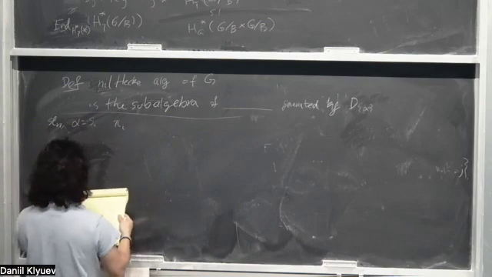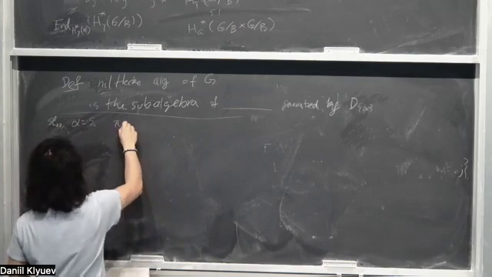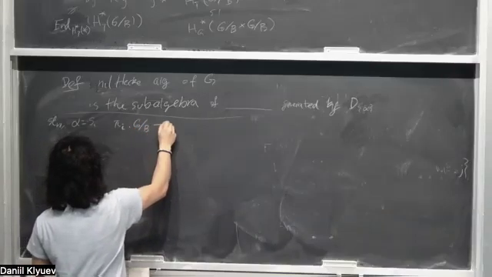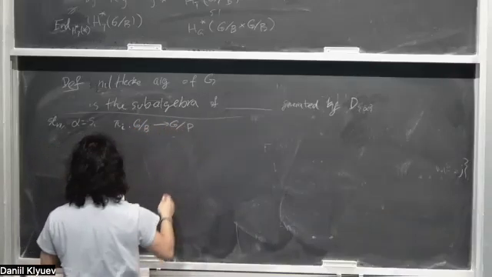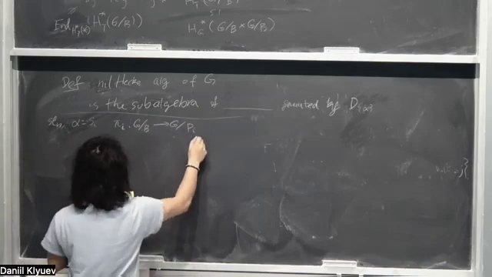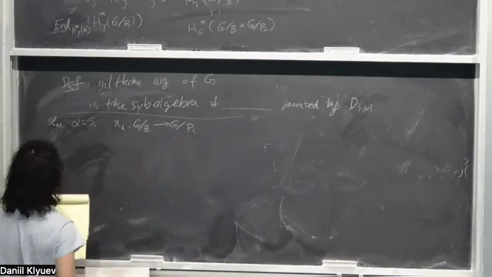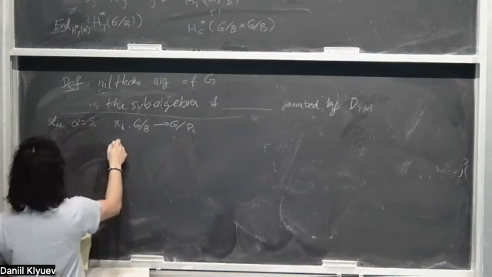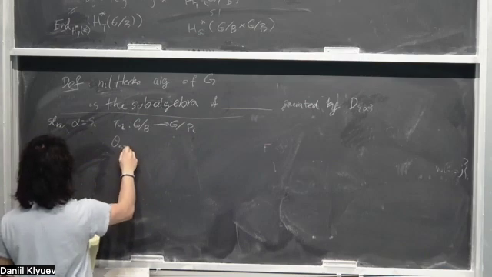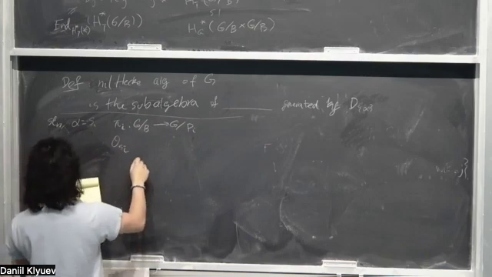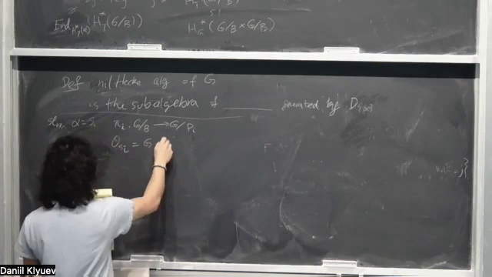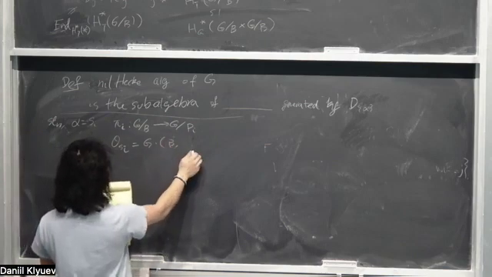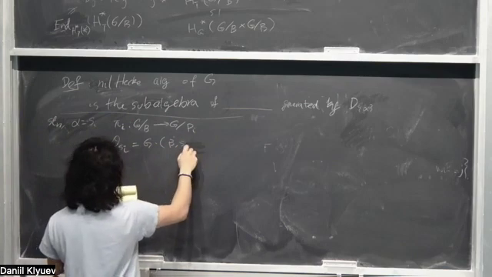So I'm going to write P_i, which is just the parabolic with respect to this reflection, and I'm going to write O_{s_i} equals the G orbit of things in relative position s_i.